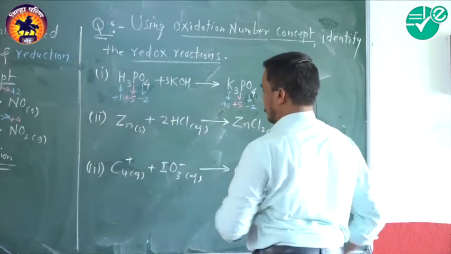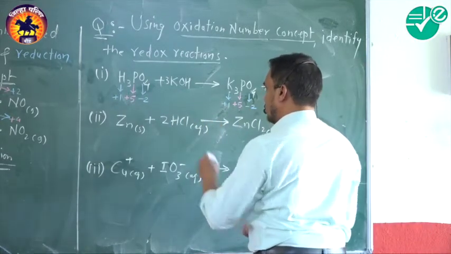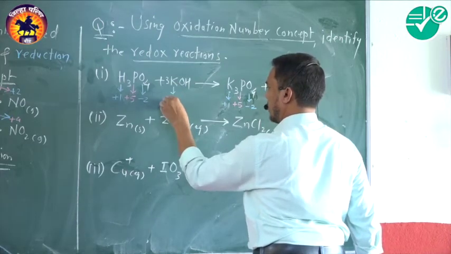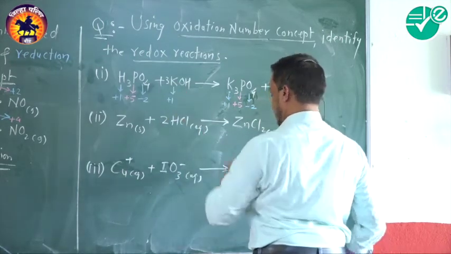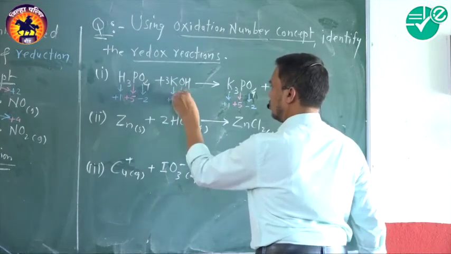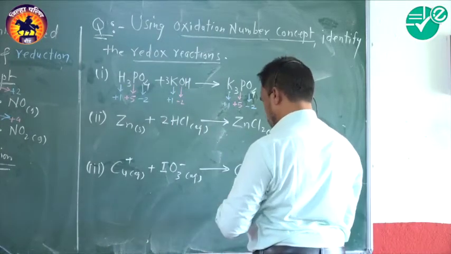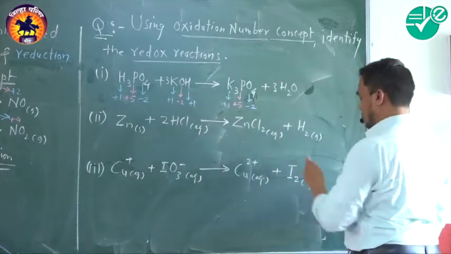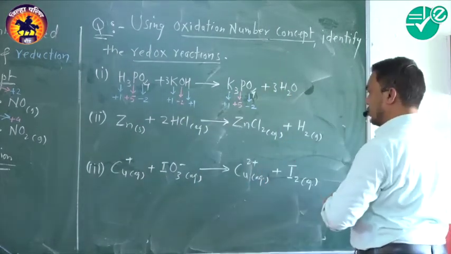Similarly, in this case, we have to know the oxidation state of potassium. It's +1. Oxygen is -2, and hydrogen is +1.